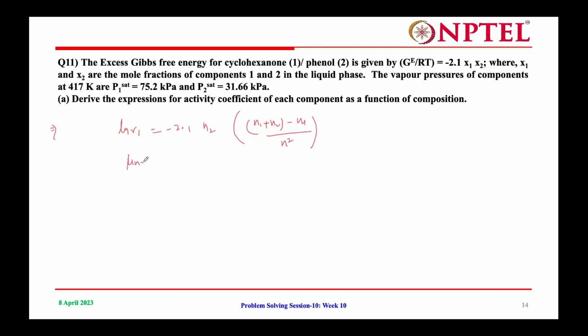So ln gamma 1 equals minus 2.1 x2 squared. Similar calculations: ln gamma 2 is equal to minus 2.1 x1 squared, right?